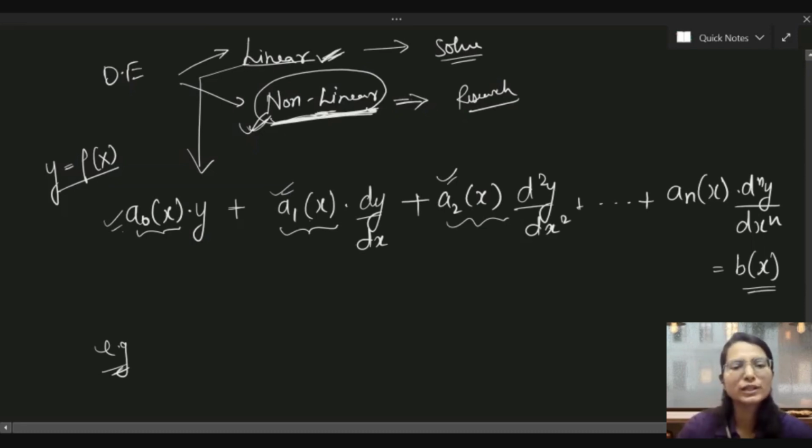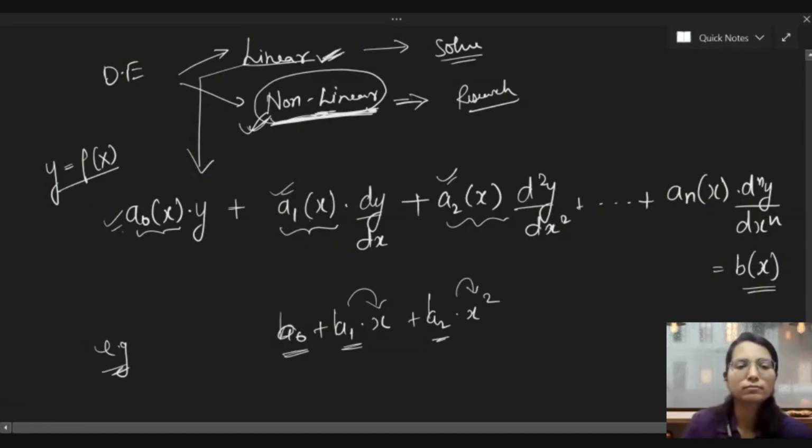Before that, let me tell you, it looks like a polynomial. You write a polynomial as a naught plus a1 x plus a2 x square. The only difference is that here a naught, a1, a2, you can write them as b naught, b1, b2, were constants multiplied by the powers of x. Now what's increasing?